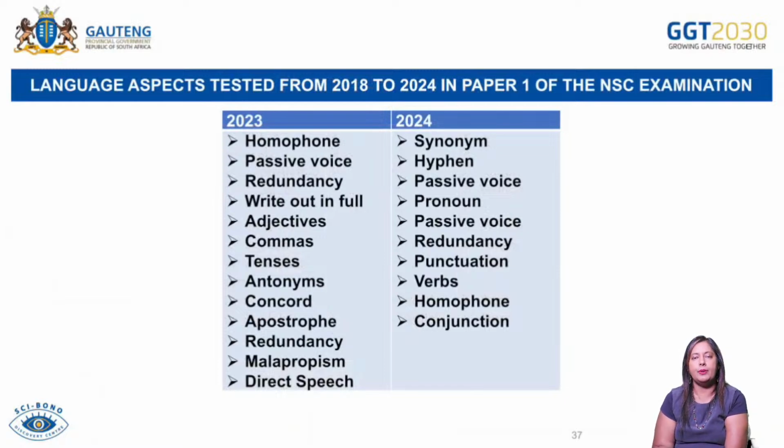Now, remember, we usually say it's 1 mark each, but sometimes you would get a 2-mark question, and the 2-mark question would say to you, you have to make sure that all aspects have been included or looked at in that response, all right? So go over the last 3 years' papers of the NSC exams to get all the concepts understood in those 3 years and then move to the other 2 years prior to that.